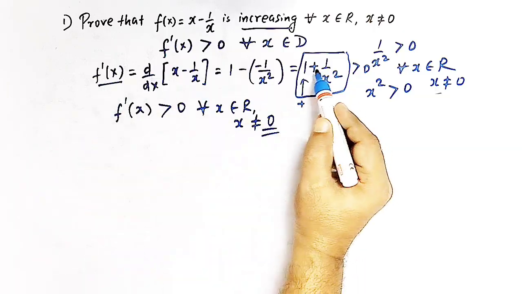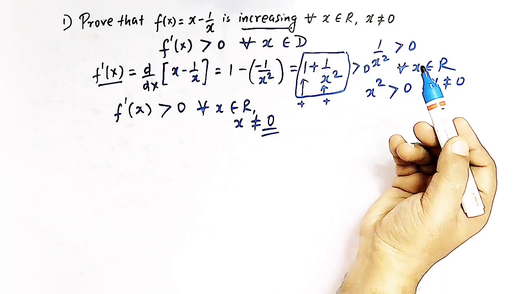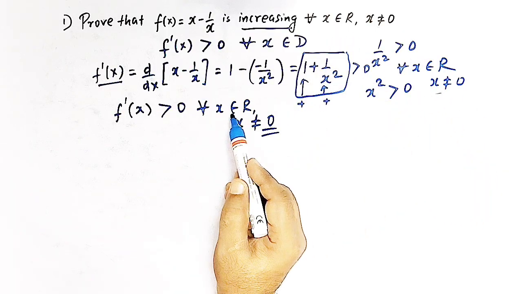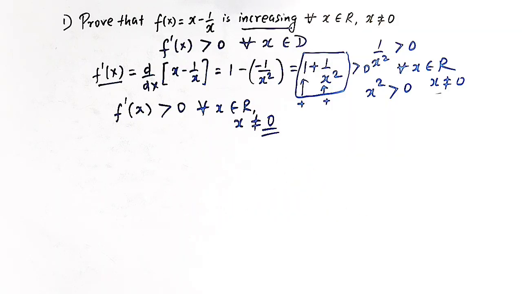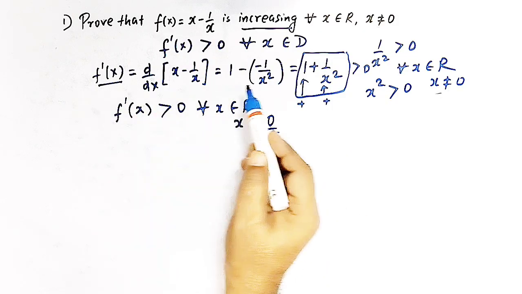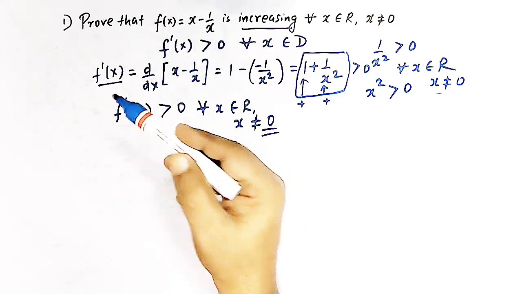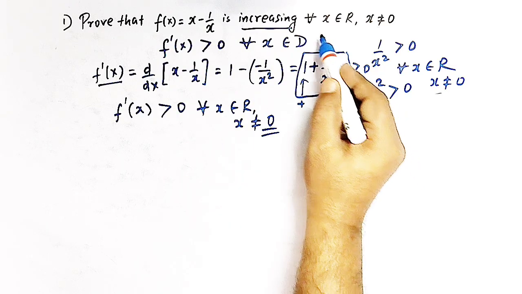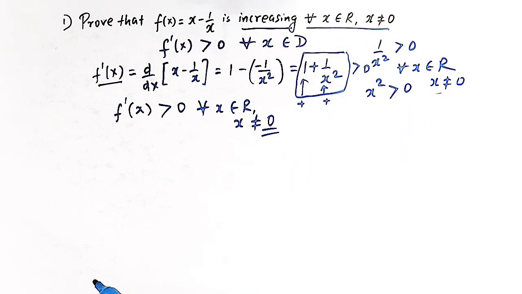So the derivative is positive for all values of x belonging to R, where x is not equal to 0. So this shows that this function is an increasing function for all x belonging to R except x is equal to 0.